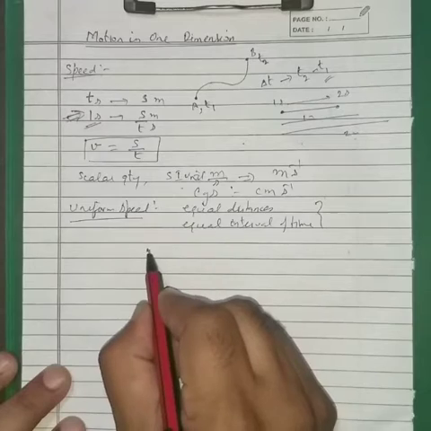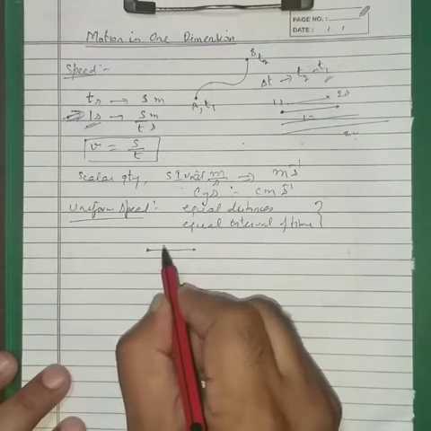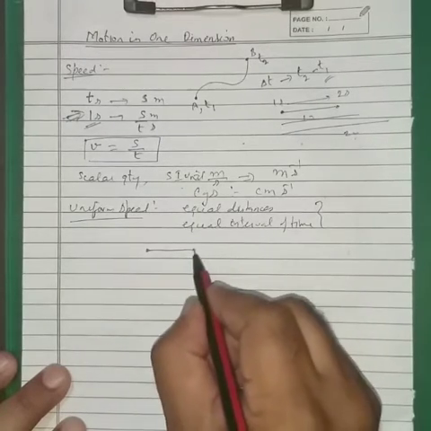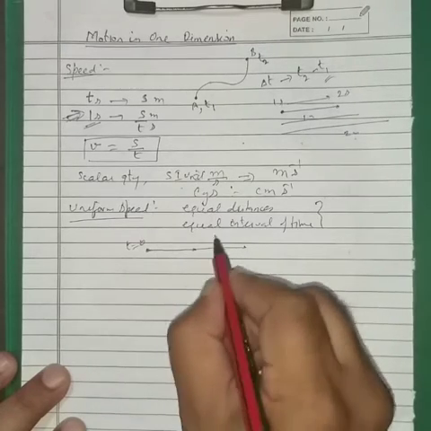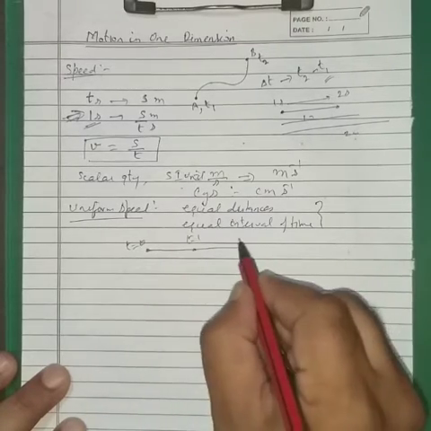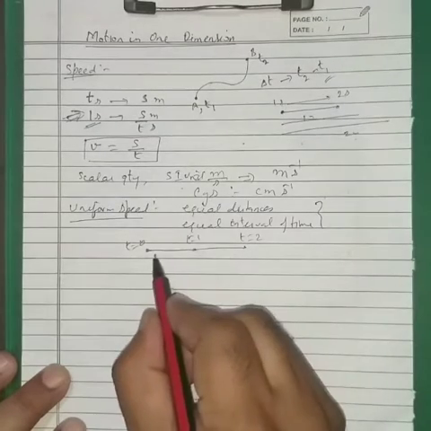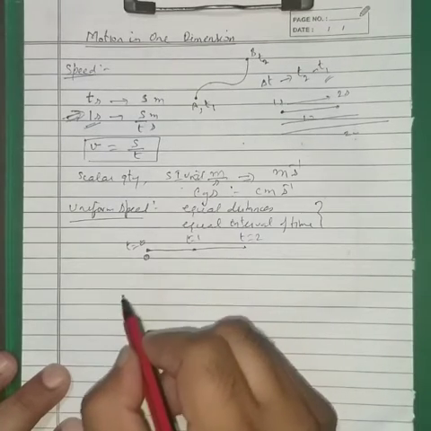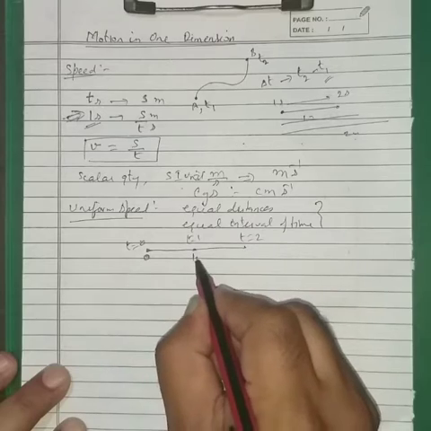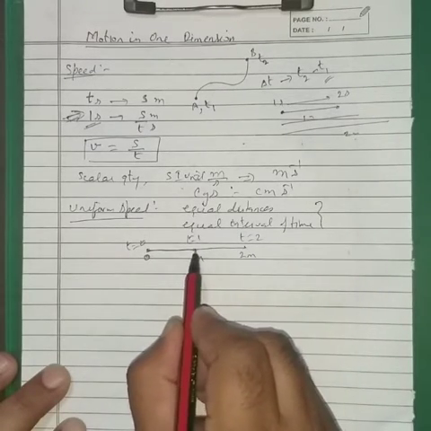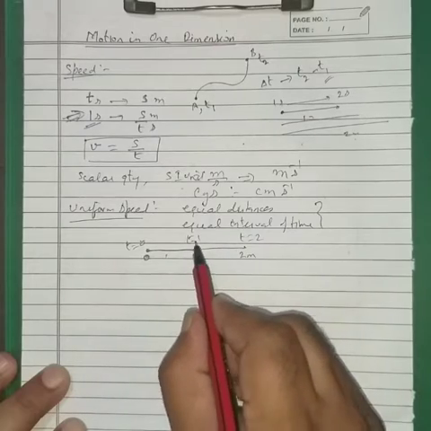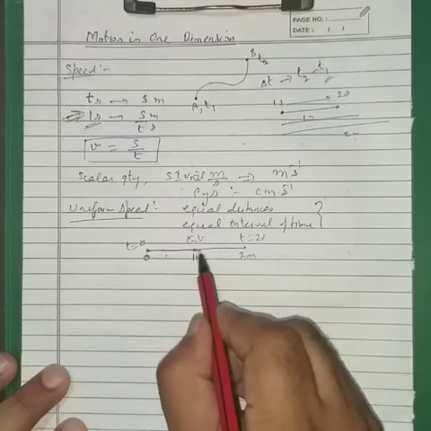Let us say that some body covers a distance of 1 meter in 1 second, 1 meter in 1 second. Let us say this is time 0 seconds, then this is at 1 second, and this is at time 2 seconds. Initially it is at the 0 point, then at this point it has traveled 1 meter and this is 2 meters. So from 0 to 1 second the body has traveled 1 meter of distance, and from 1 second to 2 second again the body has traveled 1 meter.